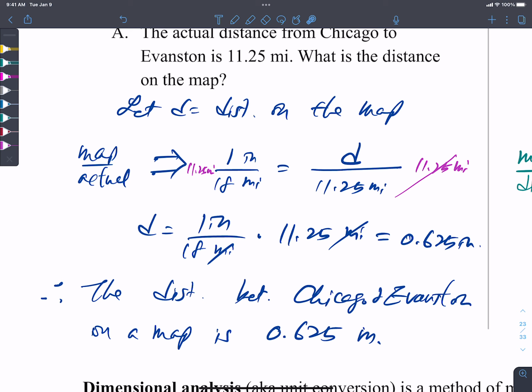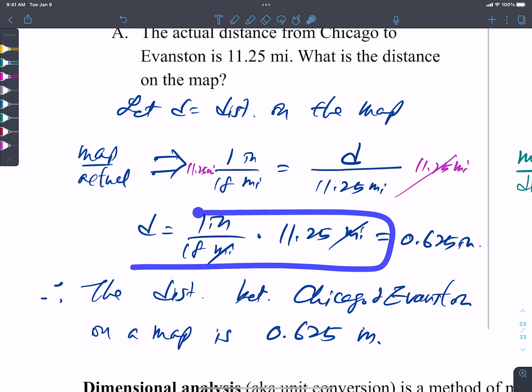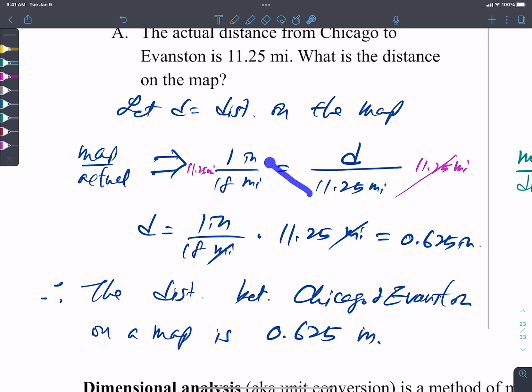Alternate way of thinking about that is, how do I get rid of 11.25 on the right hand side? We multiply by it. Right, that will cross cancel. And the left hand side is 11.25 divided by 18. Alternatively, the way that it appears here is that I cross multiplied it this way.